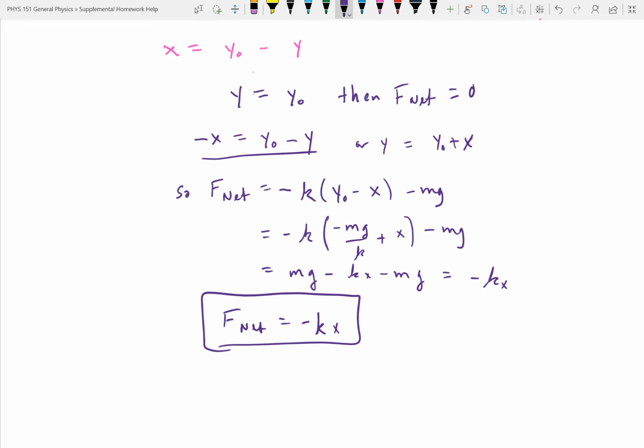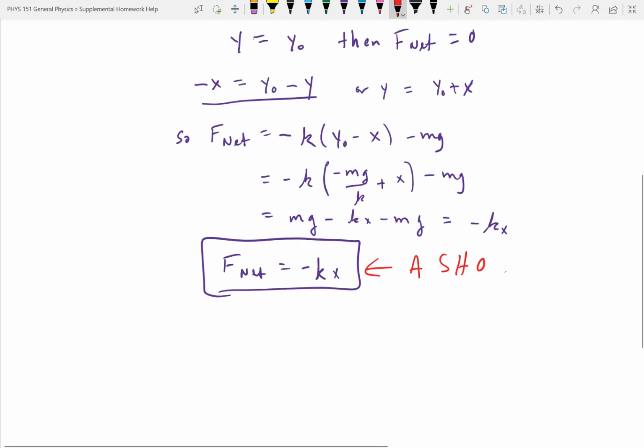So the concept is simple harmonic oscillator. Because we have this, it is indeed a simple harmonic oscillator, because that's the definition of simple harmonic oscillators, if the net force is minus kx.